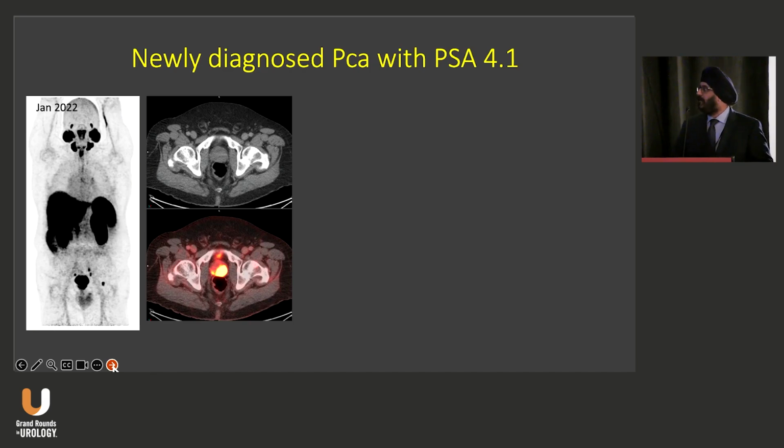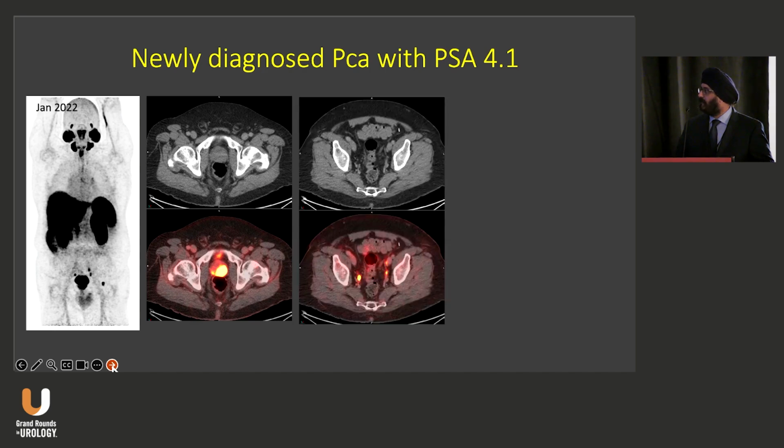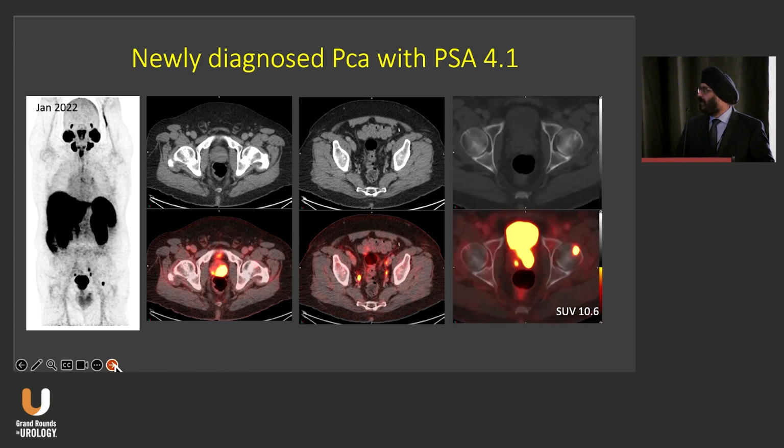Again, in this patient, newly diagnosed prostate cancer, PSA of 4.1, large lesion in the prostate, and lymph nodes also positive. And then he had this solitary bone lesion in the left femur, which doesn't look very concerning, but it is very avid on the PSMA PET.